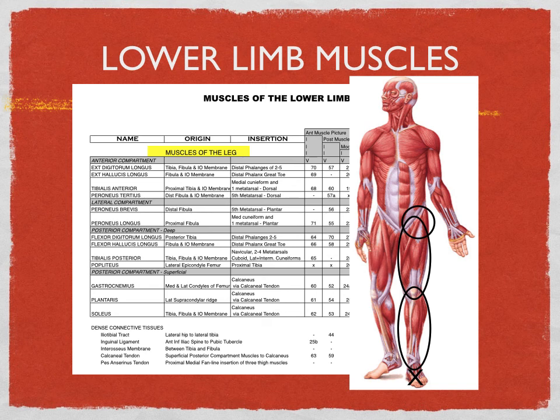Any good textbook that you can find will definitely list and describe and show the muscles of the foot. But for our challenge in this class, we are going to focus on these 3 areas: muscles of the hip, the muscles of the thigh, and the muscles of the leg. If you take these one at a time and attempt to visualize and learn the names of these, you'll be in good shape here.